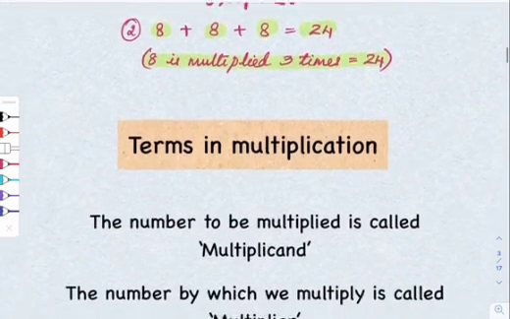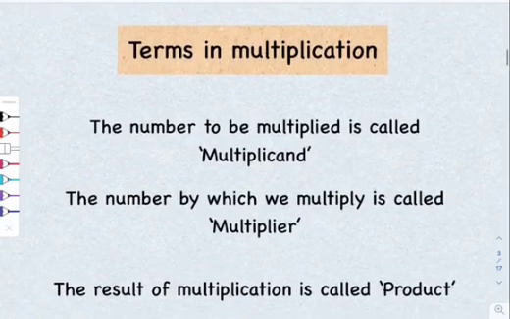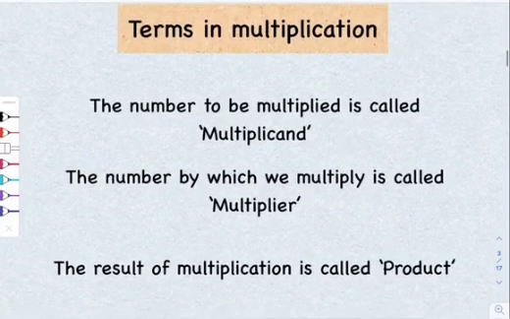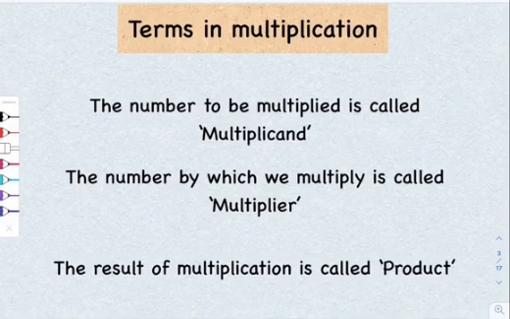Now moving on to terms of multiplication. Children, all these you have already learnt. It is just a recap session maybe. The number to be multiplied is called multiplicand. The number by which we multiply is called multiplier. The result of multiplication is called product.